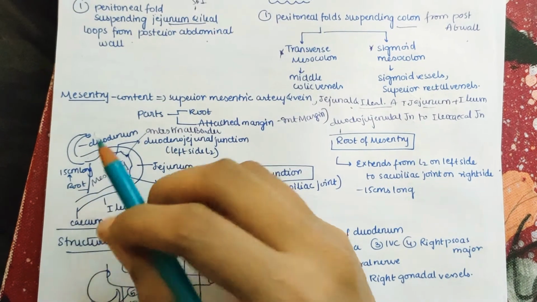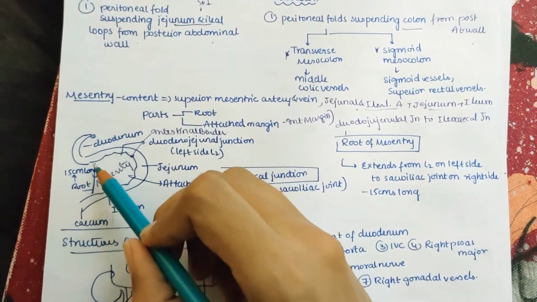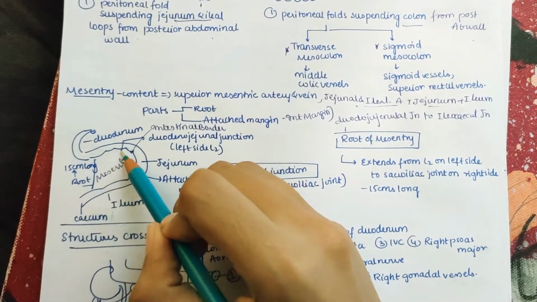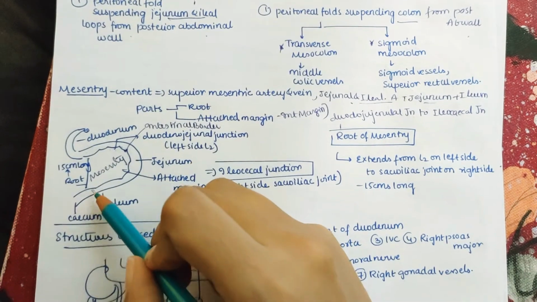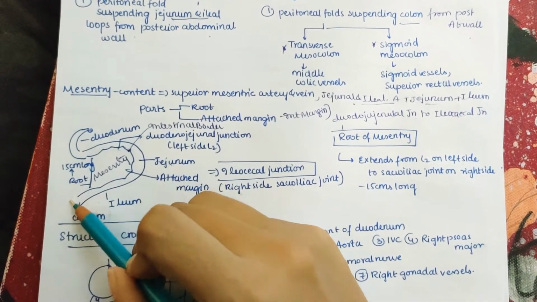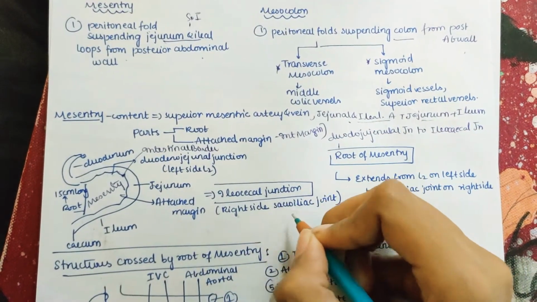Okay. So the root of the mesentery extends from the duodenojejunal junction, that is between the duodenum and jejunum, here the duodenojejunal junction, to the ileocecal junction. This is the ileum and this is the cecum. So here you have the ileocecal junction, which is on the right side at the sacroiliac joint.